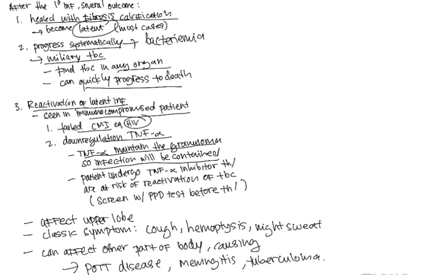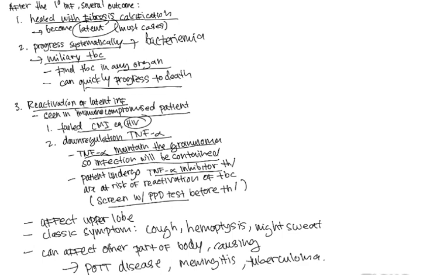When we don't have TNF alpha, the bacteria inside the granuloma will spread out, so it will cause reactivation. That's why patients who undergo TNF alpha inhibitor therapy are at risk of reactivation of latent tuberculosis. So we need to screen them first before we initiate the TNF alpha inhibitor.